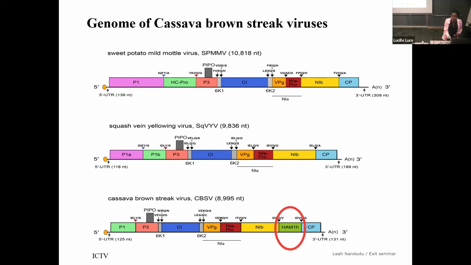This is a protein that is not encoded by all the other viruses in the Ipomovirus genus. And we think that it's because of this protein that it's possible for cassava brown streak viruses to be transmitted by whiteflies and not aphids. Most of the viruses in this genus encode the HC-Pro protein that helps with aphid transmission. So that's the only difference, but most times the proteins are the same.